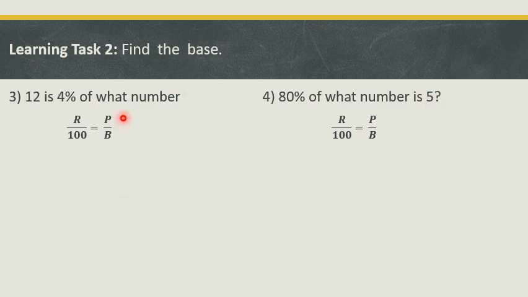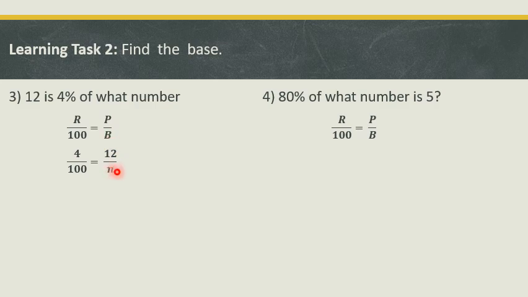So, sa number 3, so 12 is 4% of what number? So, ang 12 daw ay 4% ng ano? So, nawawala ulit natin is base. So, ang R natin is 4%. Ang P natin is 12. Ang base natin ang nawawala.